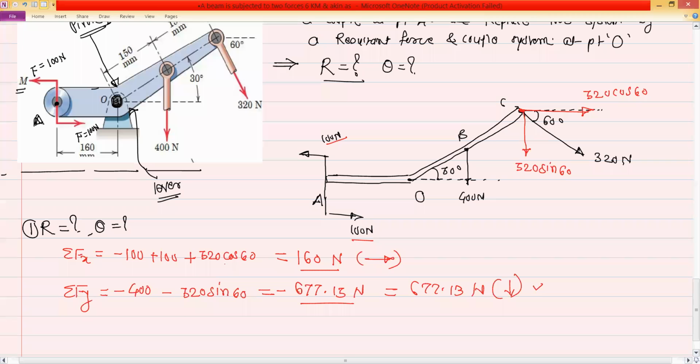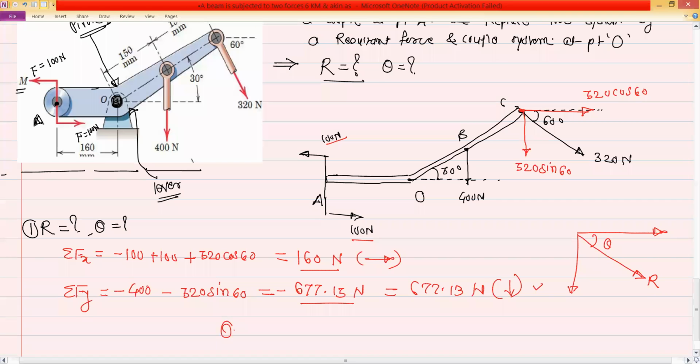Okay. So this is summation Fx and summation Fy. So we can decide the quadrant. The quadrant will be the fourth quadrant. So this is the resultant, and this angle is theta.